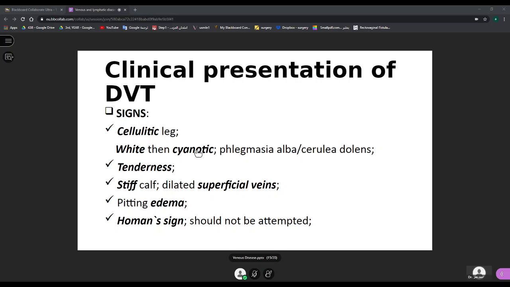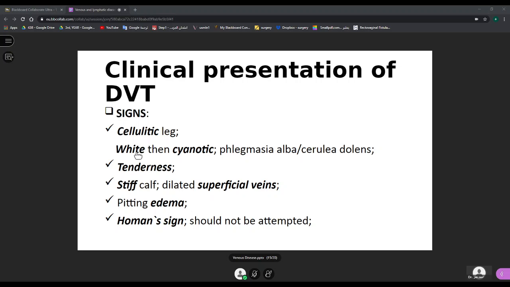So this white color and this bluish color are two states which you might encounter in the swelling due to venous thrombosis.